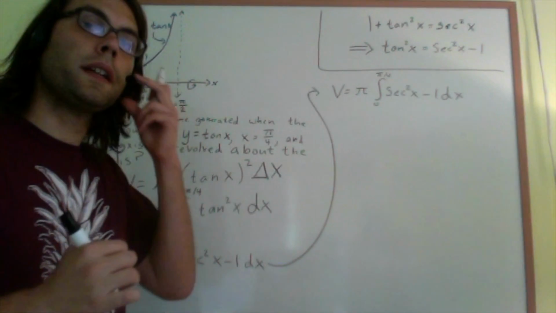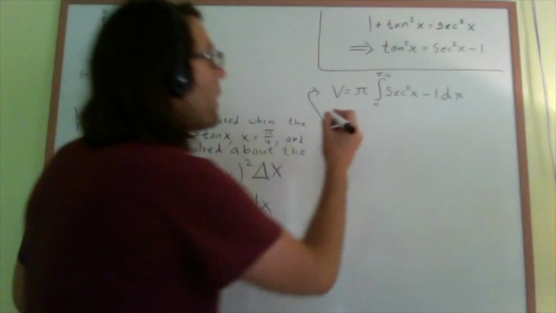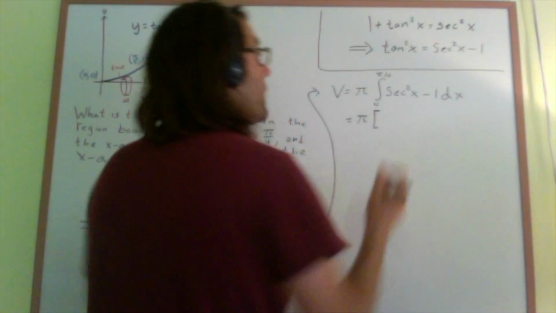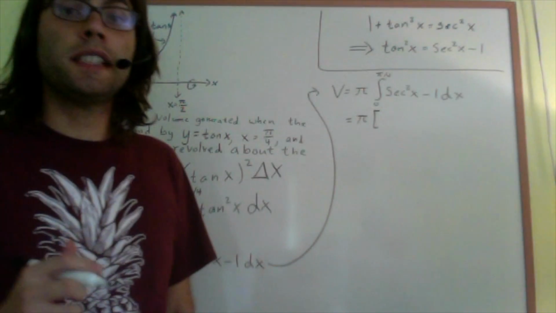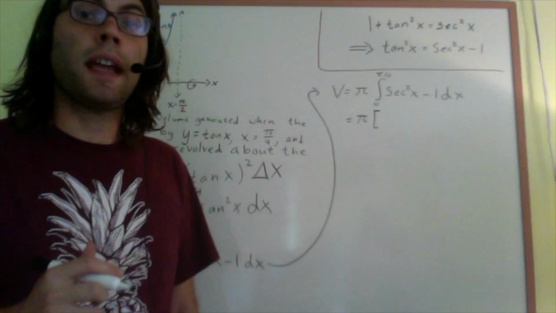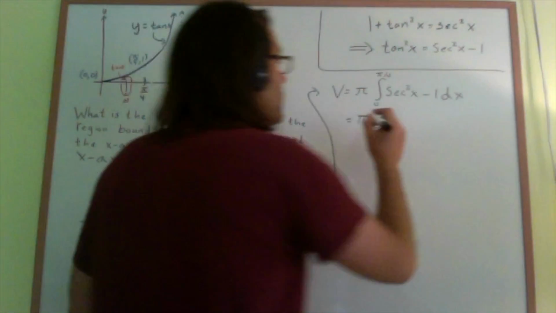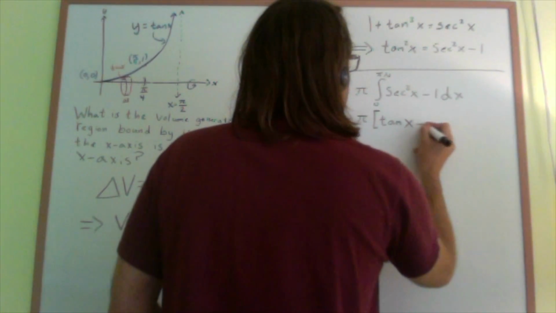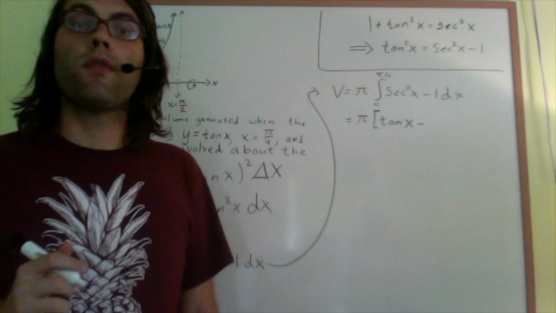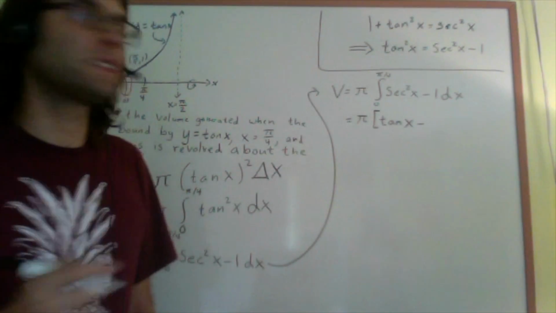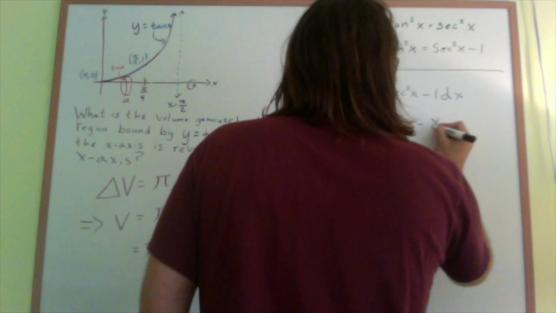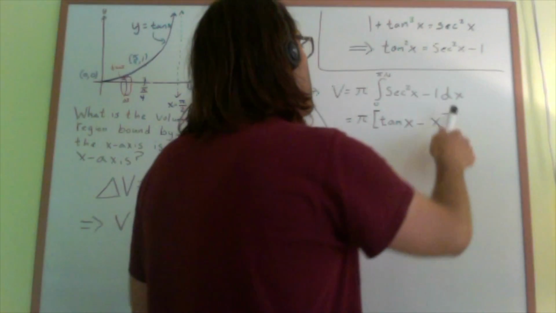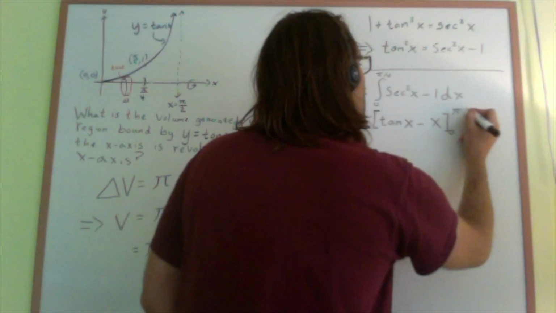Okay, now from here, it's mostly just a matter of memory. The antiderivative of secant squared x is tangent x. Easier here, the antiderivative of 1 is simply x. And this is going to go from 0 to pi over 4.